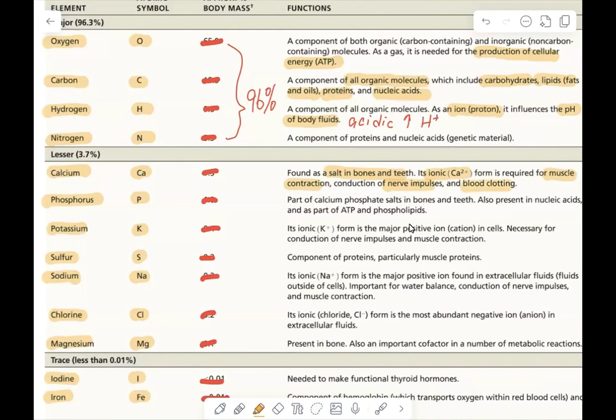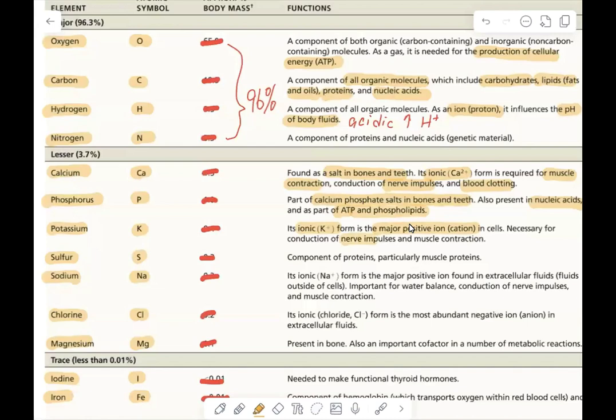Phosphorus is also a salt in bones and teeth, and it's in nucleic acids like DNA, part of ATP, and phospholipids. Potassium as an ion is the major cation that's inside the cell.